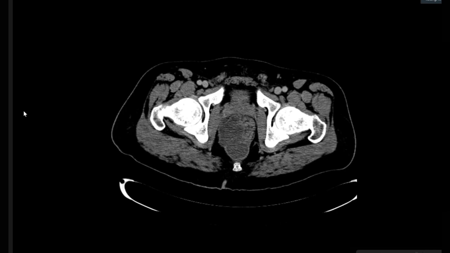Sir, by necrotic component I meant that it looks like a homogeneously fluid intensity lesion. Okay. So what's more differential? Sir, it can be a collection in this region, in the rectal wall. So what's against collection?